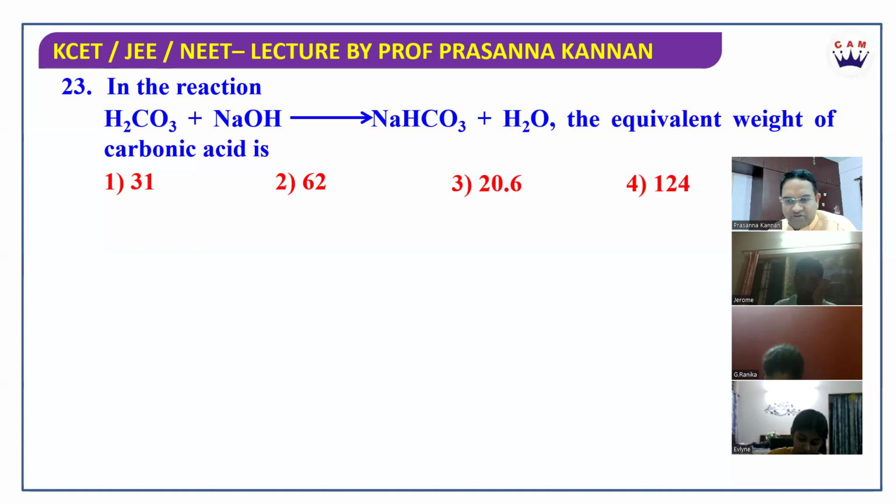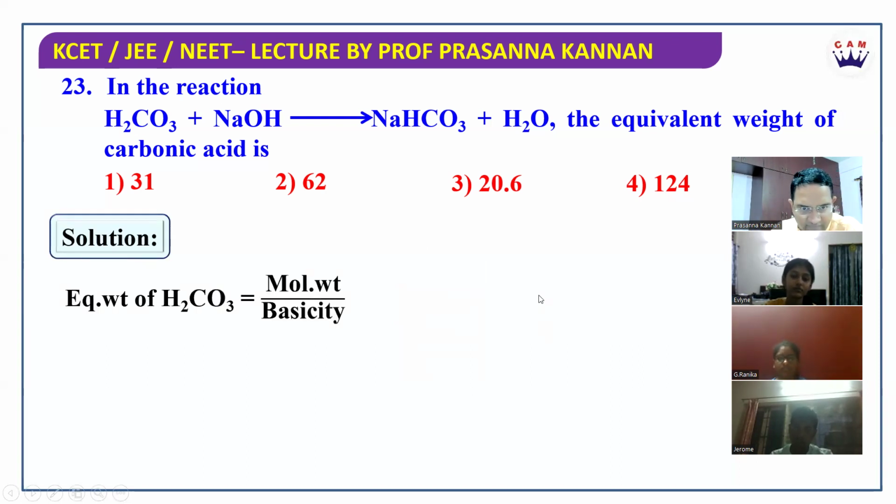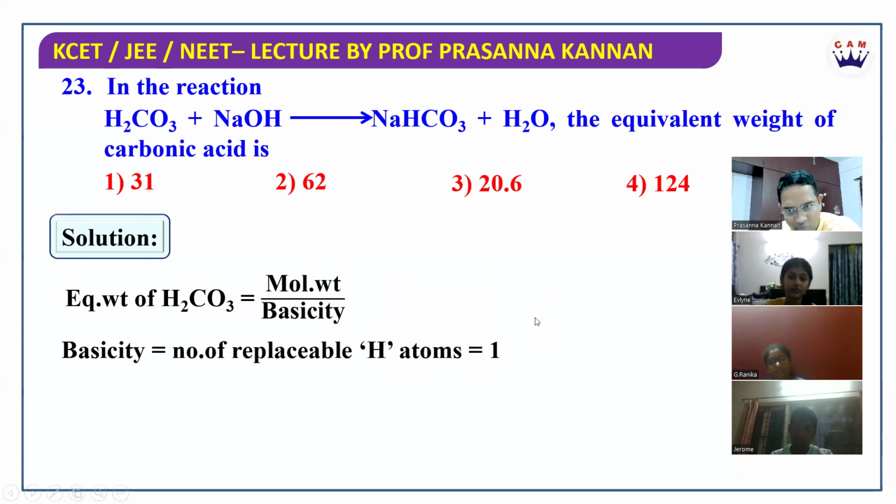Finally, the basicity will become 2 if that is allowed, right? But you're not letting the reaction happen, so you're just stopping at this point. So in this reaction, the equivalent weight is 62 divided by 1 only. So it's clear, right? Basicity is only 1 now because of this. Did you get this? Only one H plus is being removed.